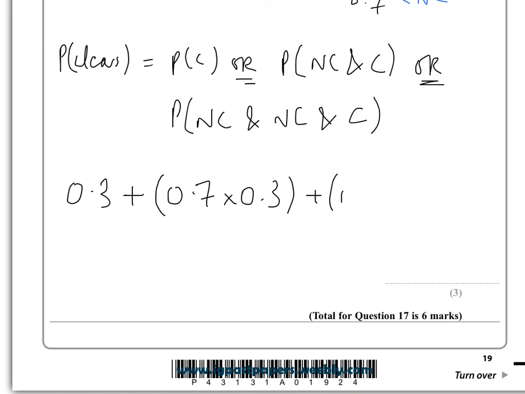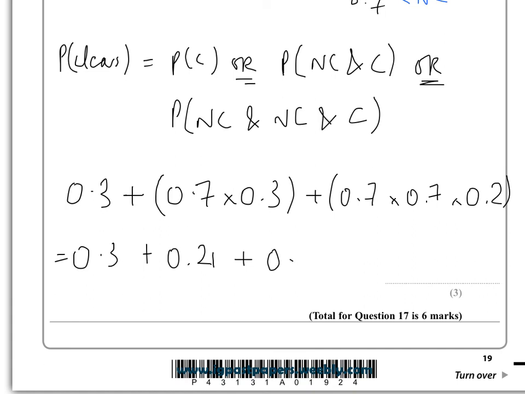So it will be 0.7 times 0.7 times 0.3. That gives us 0.3, plus 0.21, which is the 0.7 times 0.3, plus 0.147, and that gives us a total probability of 0.657.